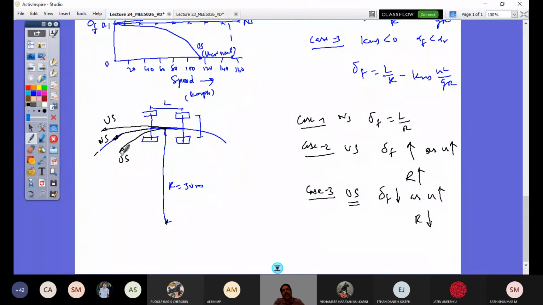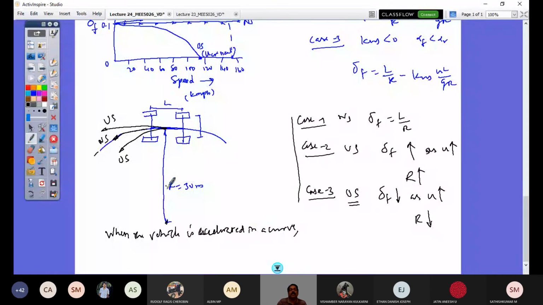So when you are accelerating your vehicle on a curve, physically what is happening is what we discuss. When the vehicle is accelerated in a curve, then these are the three cases.